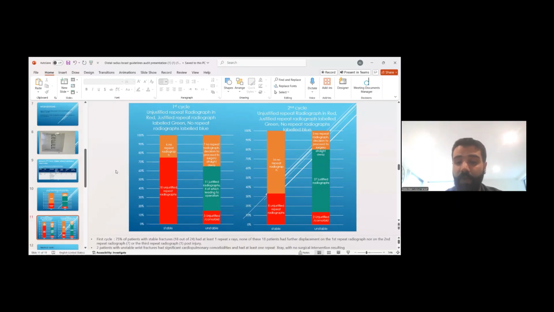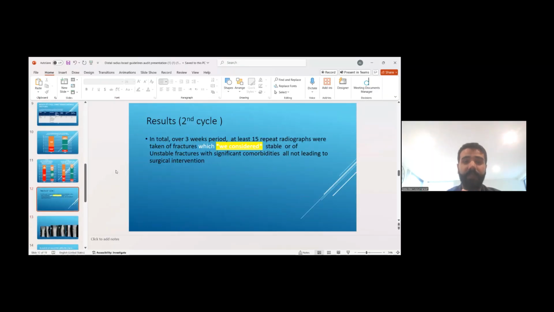In the unstable group, we had 3 patients who had unjustified radiographs because of their comorbidities in the first cycle, and only 2 in the second cycle. In total, over the 3 week period in the second cycle, at least 15 repeat radiographs were taken of fractures we considered stable, or unstable fractures with significant comorbidities, none leading to surgical intervention.